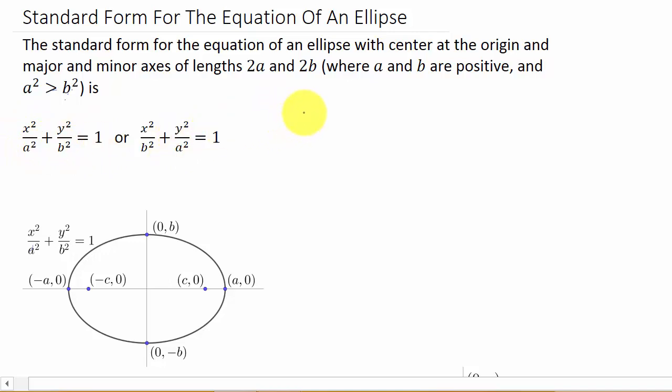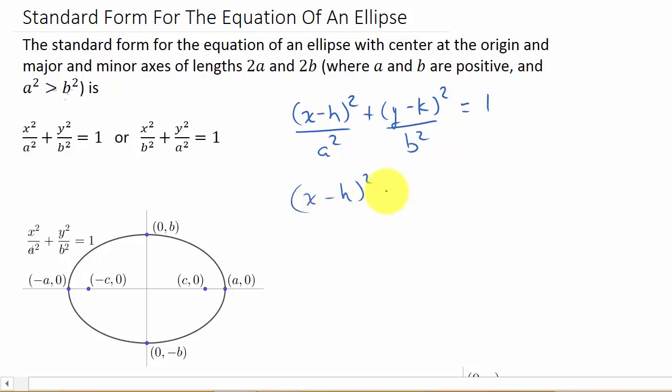The difference is we'll have something like (x minus h) squared over a squared plus (y minus k) squared over b squared equals 1, or we might have (x minus h) squared over b squared plus (y minus k) squared over a squared equals 1.